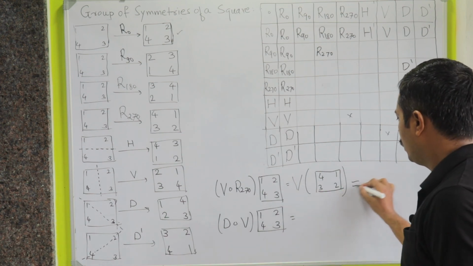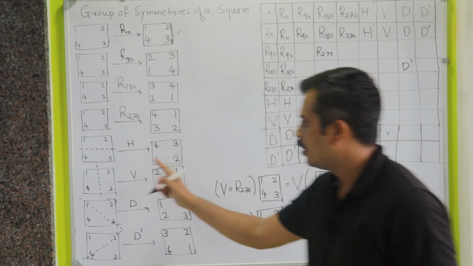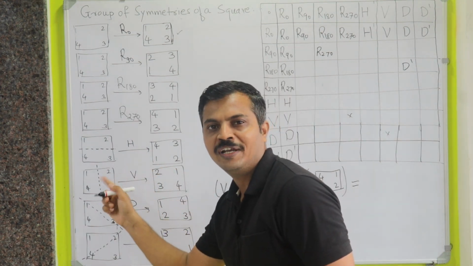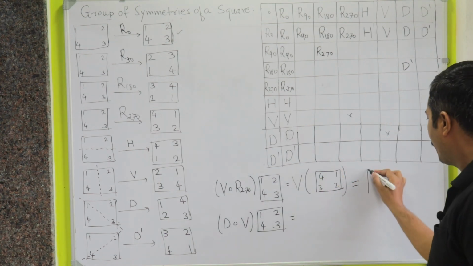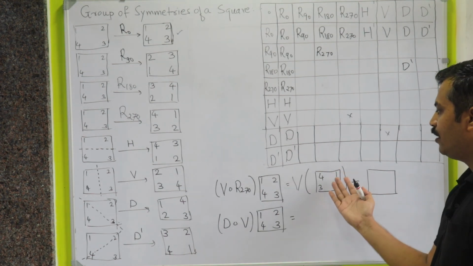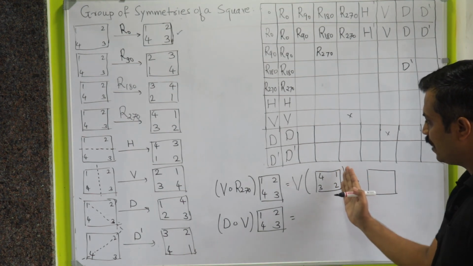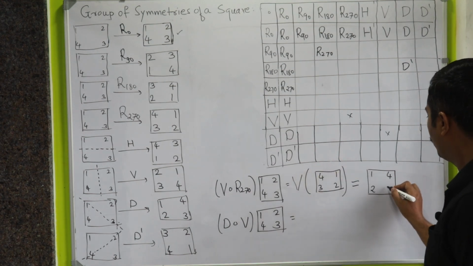Now we have to operate V on this square, but what is the job of V? Rotation about the vertical axis. So we have to rotate this square around the vertical axis. So these entries on this side will go there and this will come here. So it will be 1, 2, 4, 3.